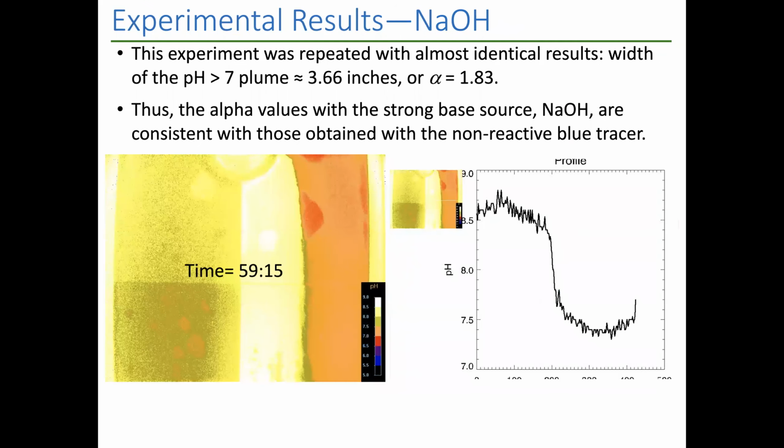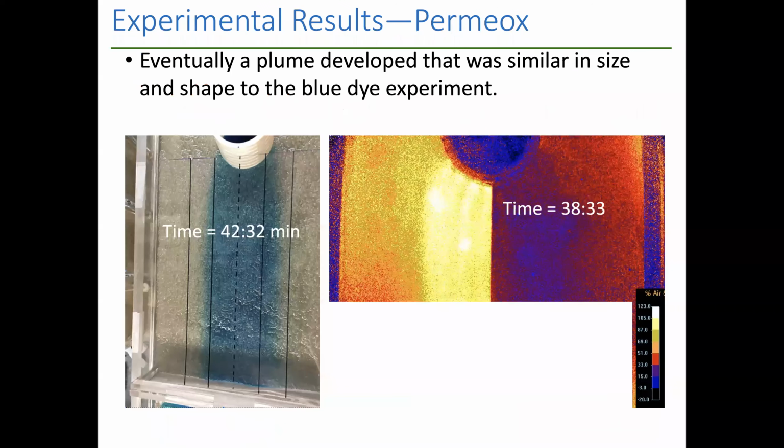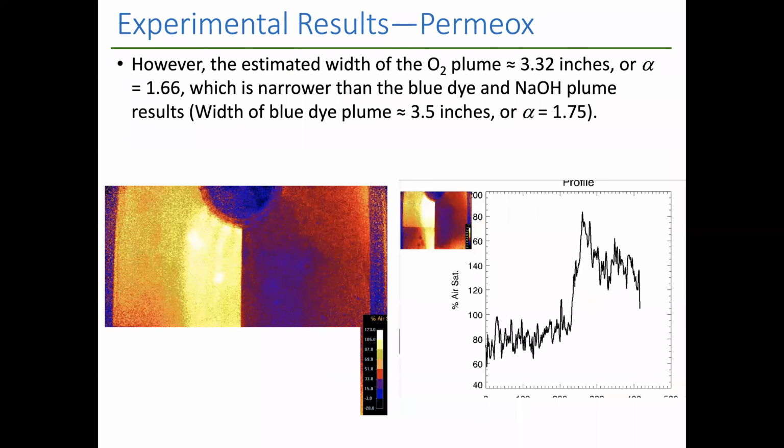So the driving force isn't as great for the transverse dispersion when you have a background that's roughly half of the concentration of what's in your dilution well, as compared to the acid-base reaction, where it's almost all consumed. The driving force is greater for that transverse dispersion.